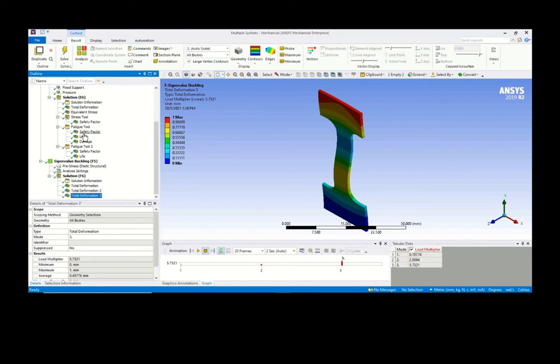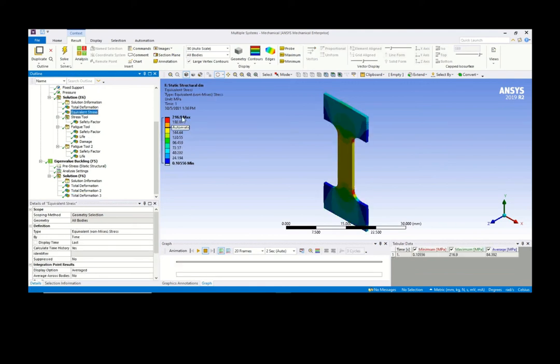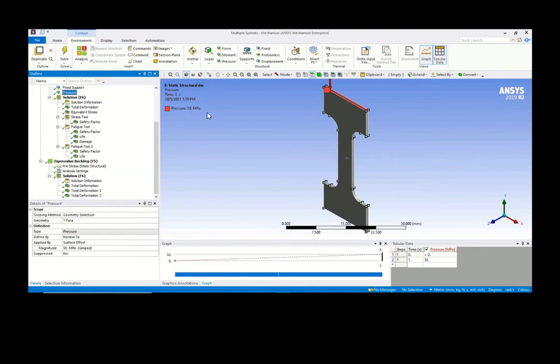Maybe I can explain it a bit here. The equivalent stress is 216.9, subjected to a static pressure of 50 megapascal.